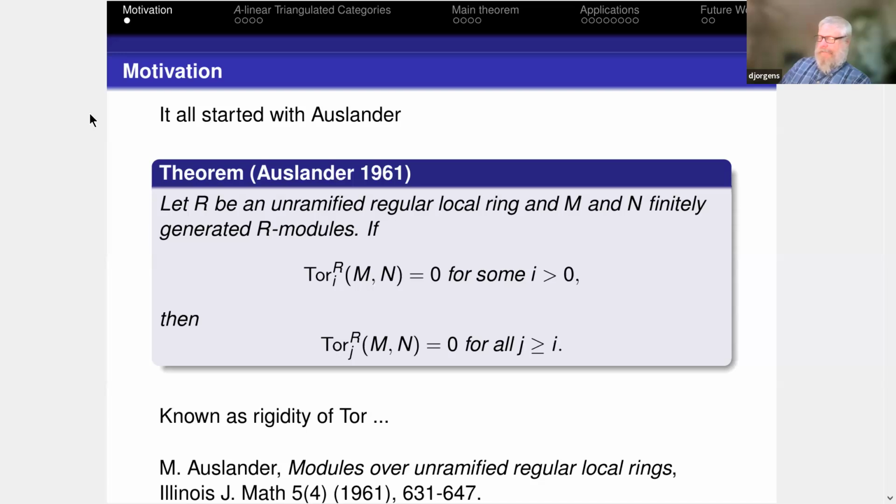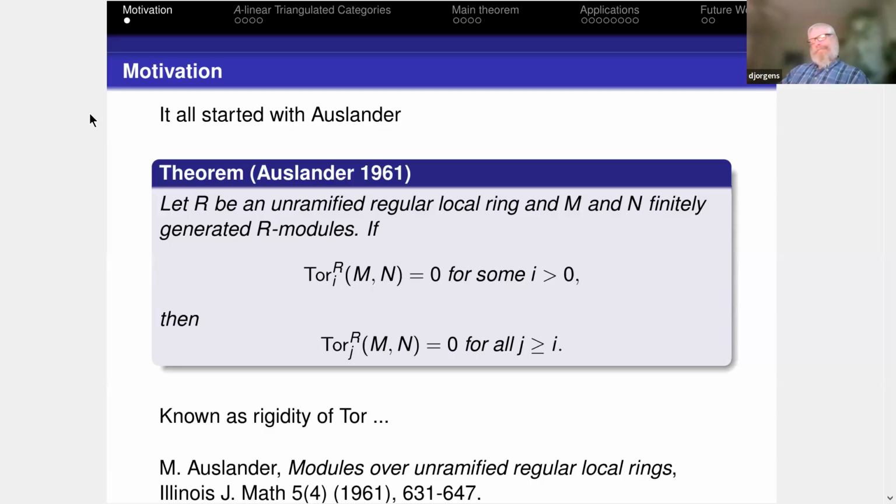Actually, that question was around for a long time until 1994, when Ray Heitmann gave a counterexample: no, you can have a module with finite projective dimension and another module such that some Tor is 0, but the next Tor is not 0.